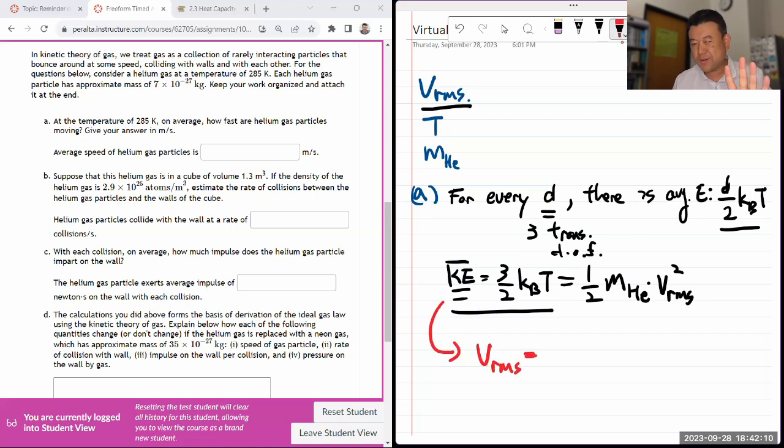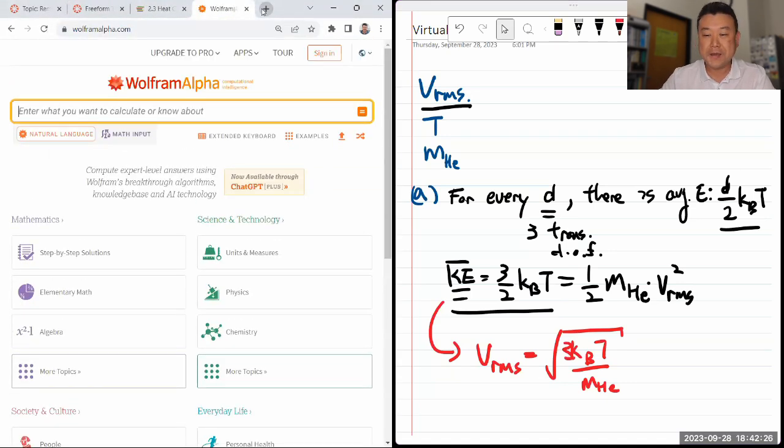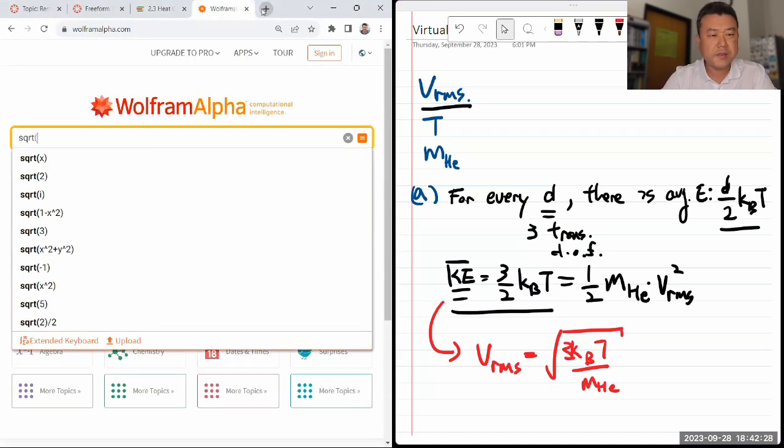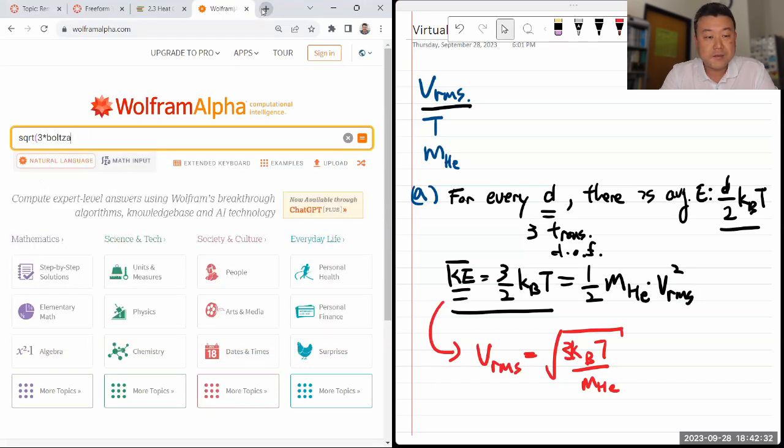I'm going to do that in my head, double check me, make sure I didn't make any algebra mistakes. And in the interest of time, I'm going to plug in numbers in Wolfram Alpha, because that makes the unit conversion easier, and Wolfram Alpha can just look up the Boltzmann constant. I don't have to look it up.